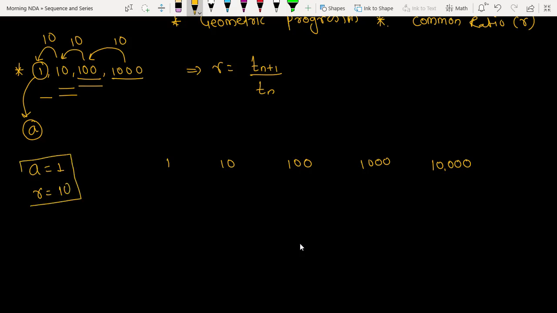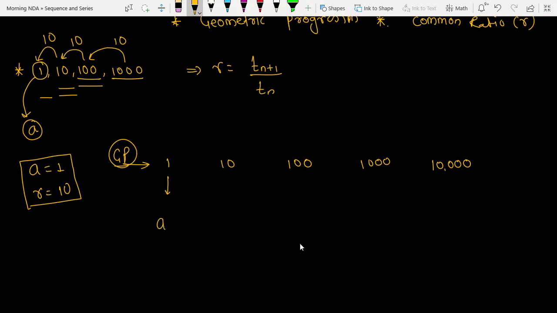Now I want to express this given GP in A and R only. How can you write this 1?